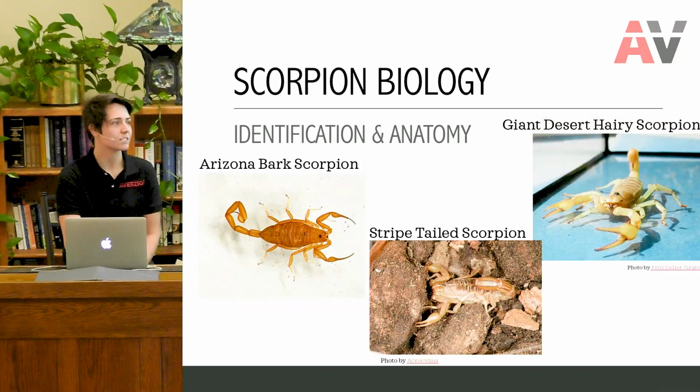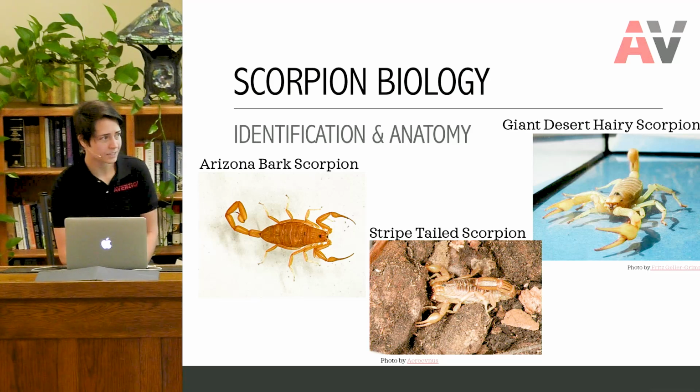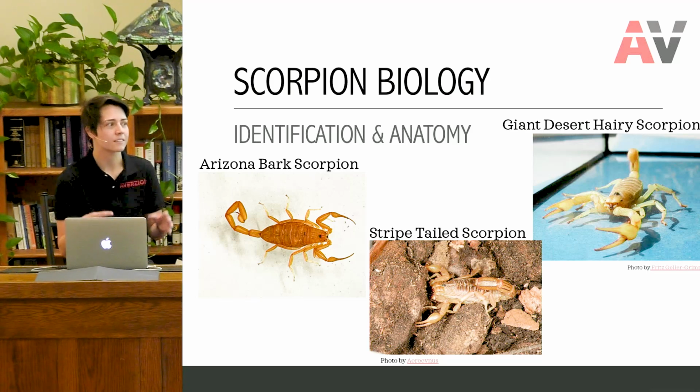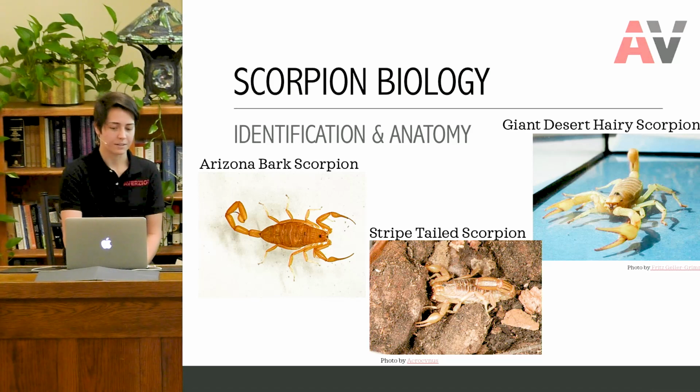And really quickly, just going into a side-by-side comparison of all three species that I just touched on, you can see the Arizona bark scorpion compared to these other two. If you take a really close look at the pedipalps, the pinchers at the end of its pedipalps, you can see that in the Arizona bark scorpion, these are a lot thinner and a lot smaller.